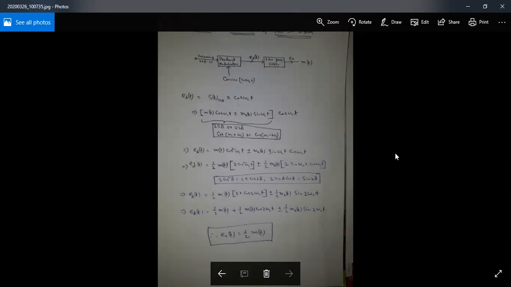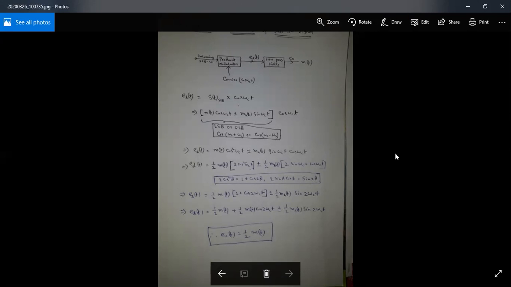You people, everybody knows. Now, as far as coherent detection or demodulation is concerned, one carrier involvement is mandatory, whose phase and frequency are exactly the same as the carrier signal we used at the time of the modulation process.